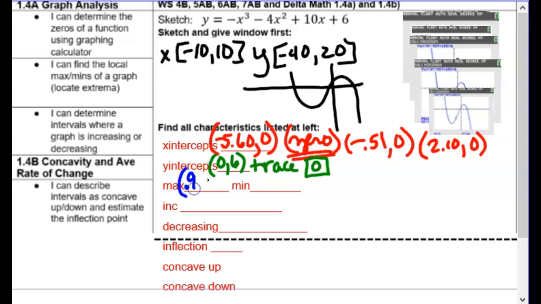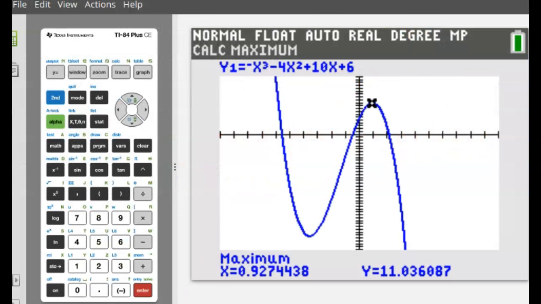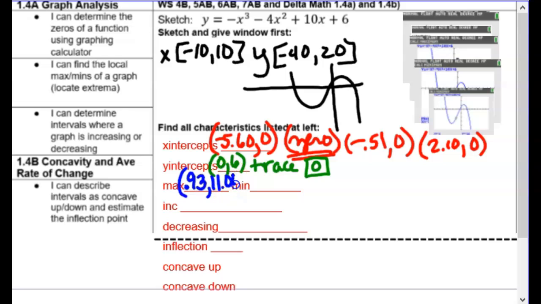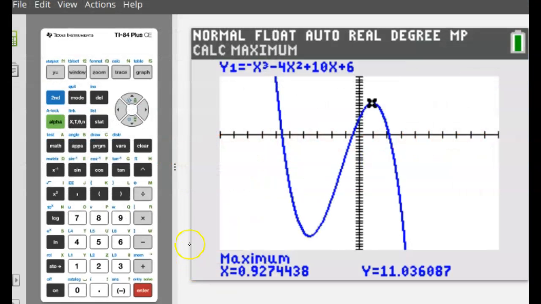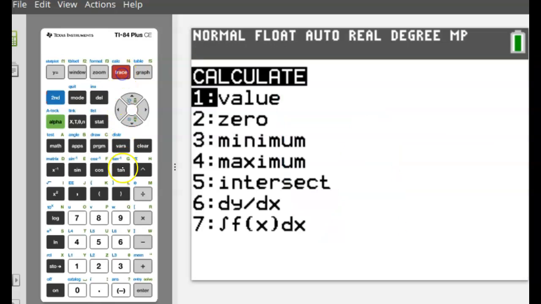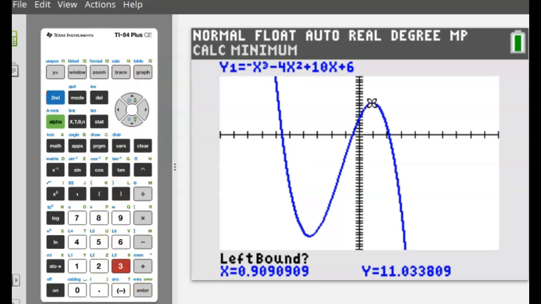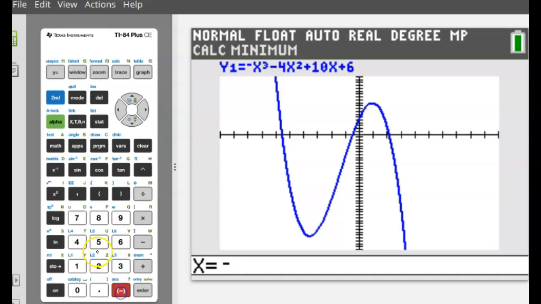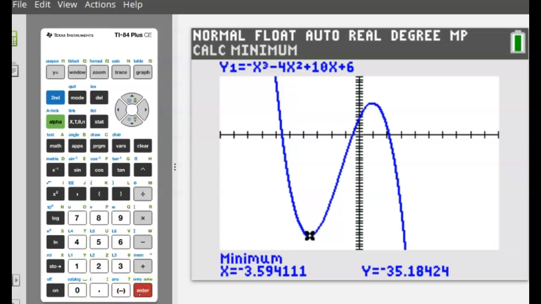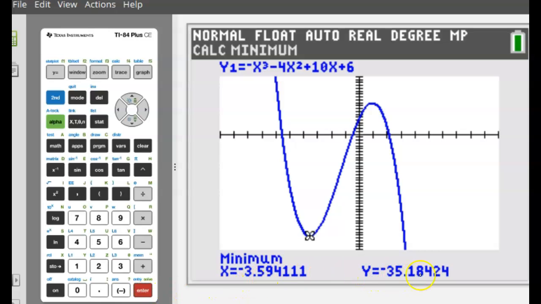Was it 9 point something, guys? 9.3 or 9.4? 9.3, and then 11.04, okay. And the min is over there somewhere between like -5 and 0. Anybody get a -3.59 and -35.18?